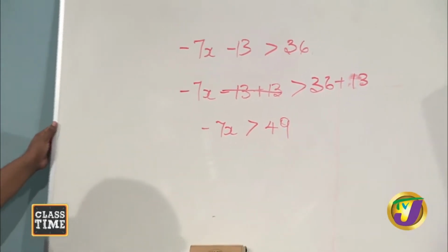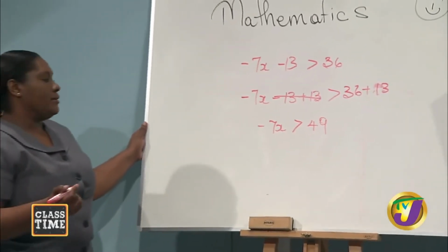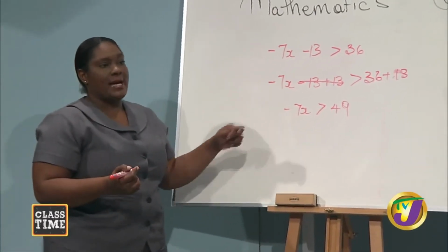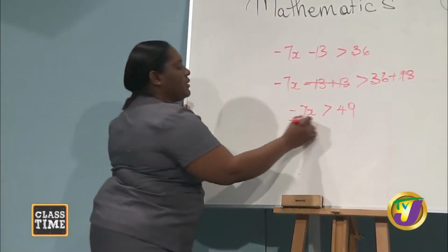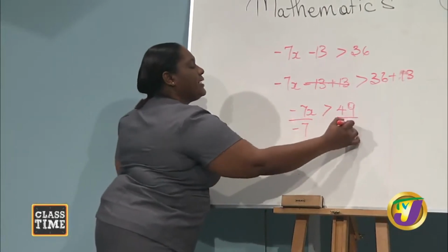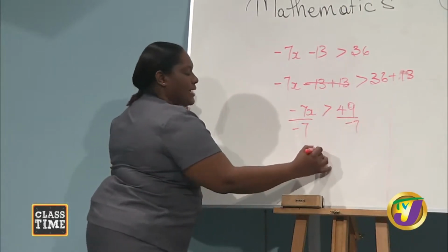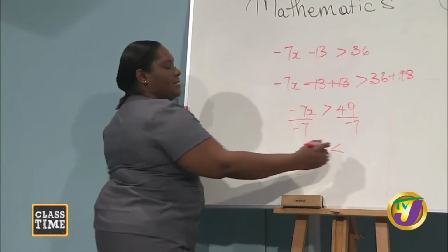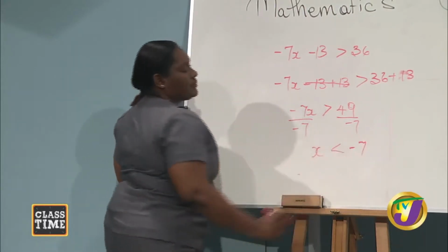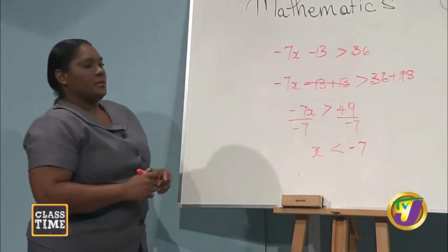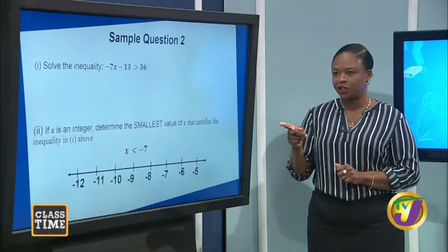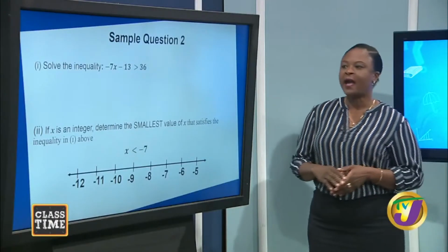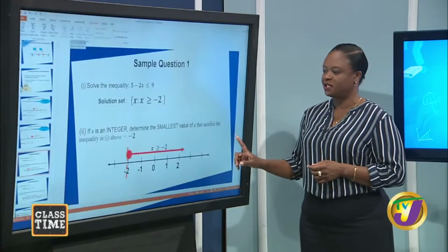And we're also using something we learned earlier: we are dividing by a negative number. When we divide both sides by negative 7, then x, reversing the sign, is now less than negative 7. And of course, negative 7 is not included in the solution set.